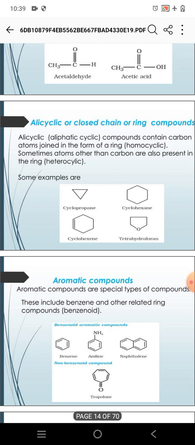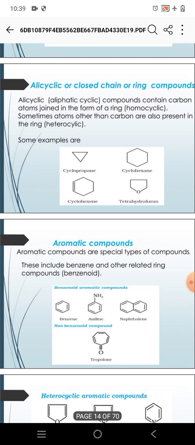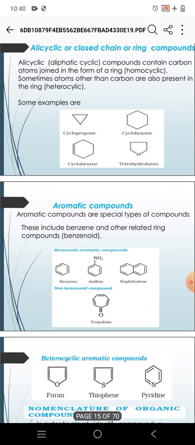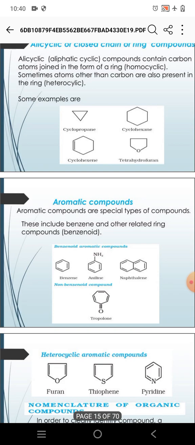Then alicyclic or closed chain or ring compounds. These compounds contain atoms joined in the form of a ring, and this is called homocyclic. Sometimes atoms other than carbon can be present in the ring.